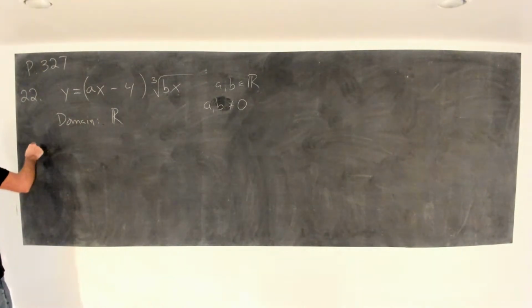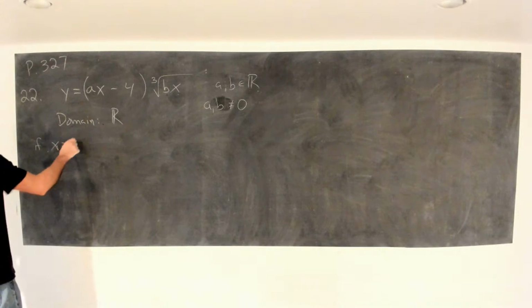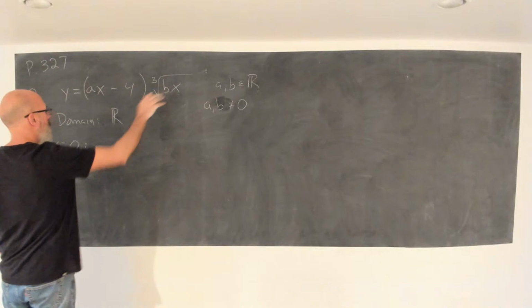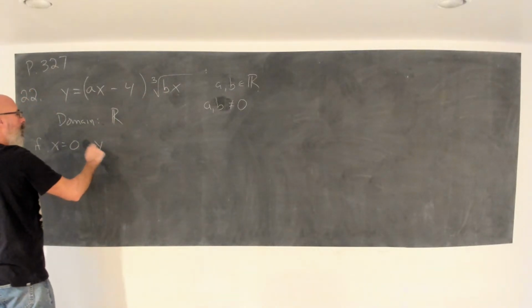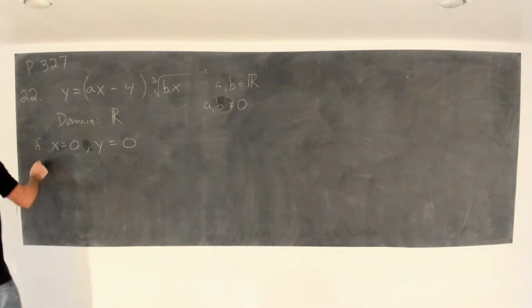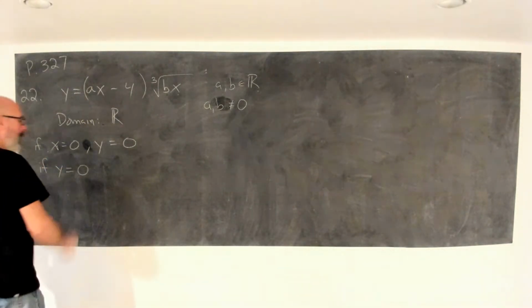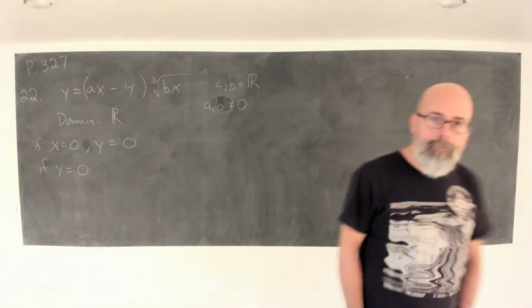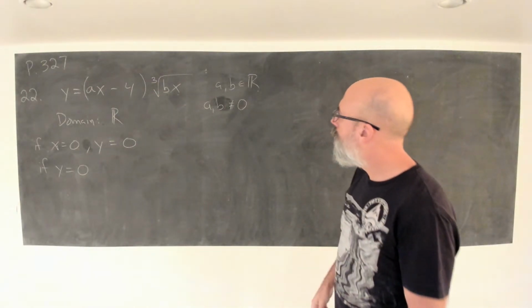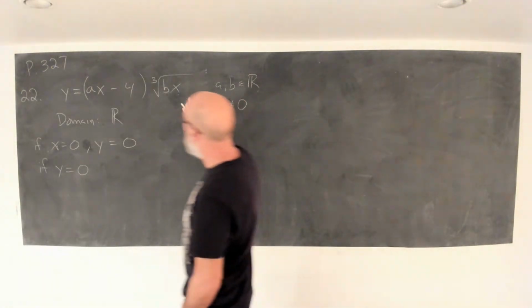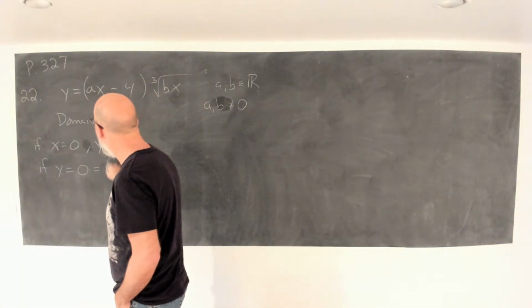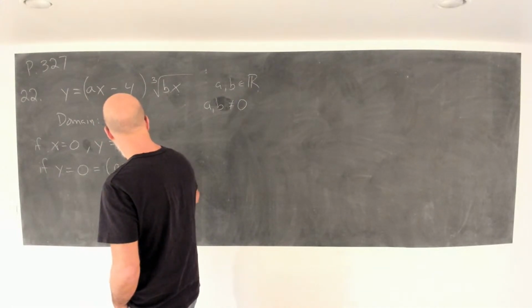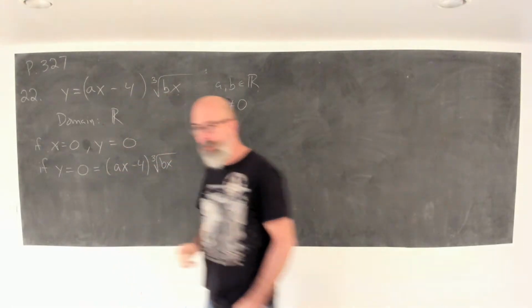Let's look at the X and Y intercepts. If X is 0, we see that Y is 0. And if Y is 0, if this whole thing is 0, right, you've got a product equal to 0.